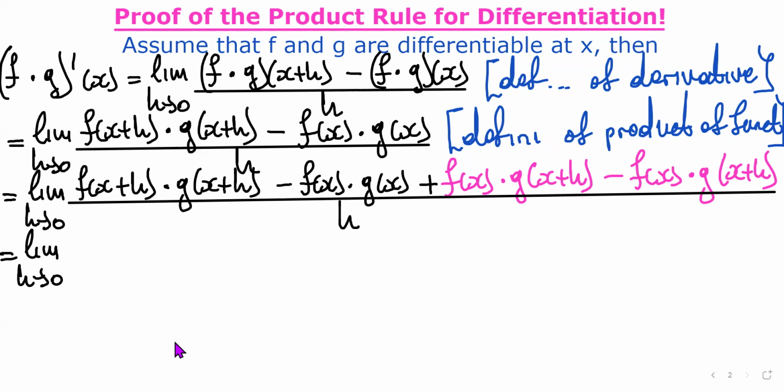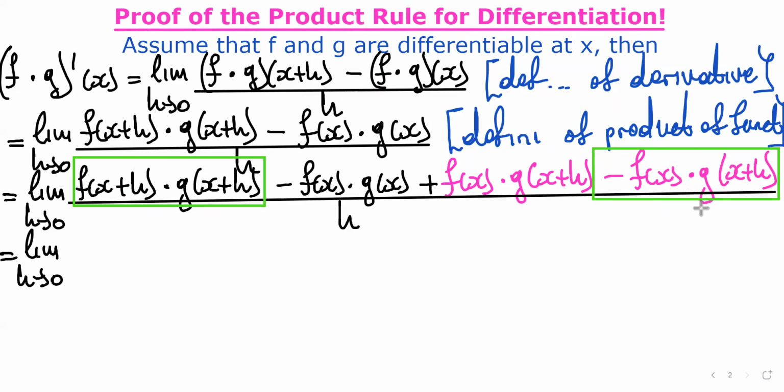But the question is, how should we group our terms here? Well, if you can look at this part, you can see that if you were to group it with this one, then what is going to happen? Well, grouping alone will not be enough.